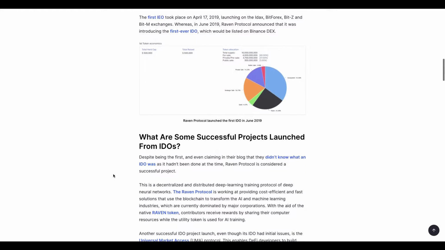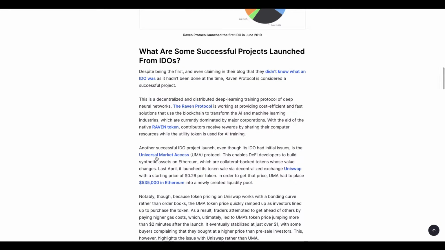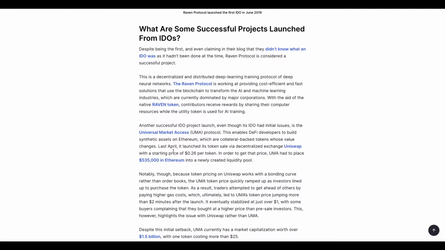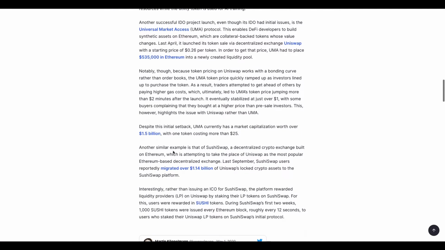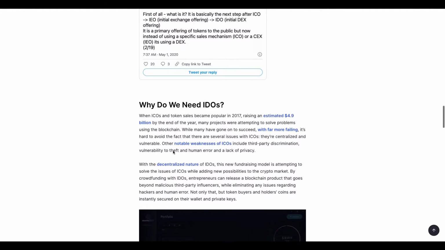And some successful IDOs, you have Raven Protocol. I haven't really heard too much about Raven Protocol. I'm assuming it's still up and running. UMA, I've heard of this crypto. It's listed on Coinbase. And yeah, pretty nice.